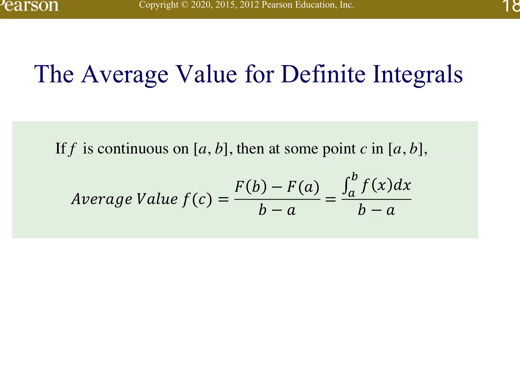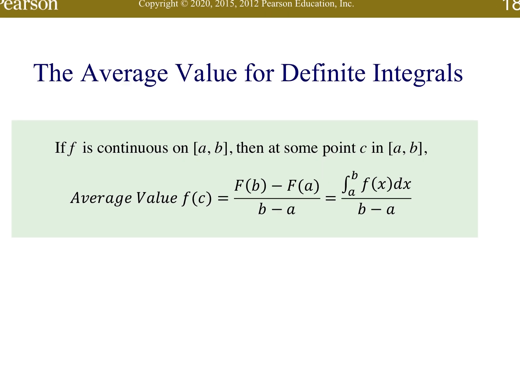The average value is defined as f of c equals capital F of b minus capital F of a over b minus a. And where does capital F of b minus capital F of a come from? It comes from the integral, doing it that way. So that's what the integral looks like. Do you do the integral twice, or do you just do it once? Just once.